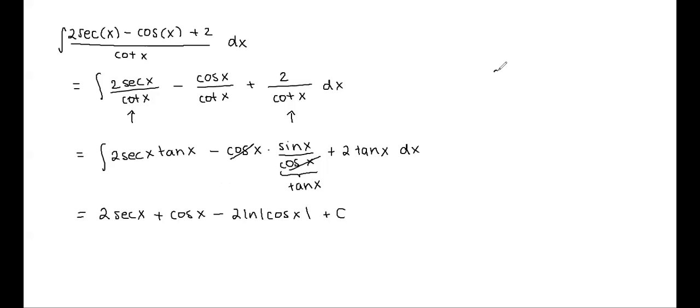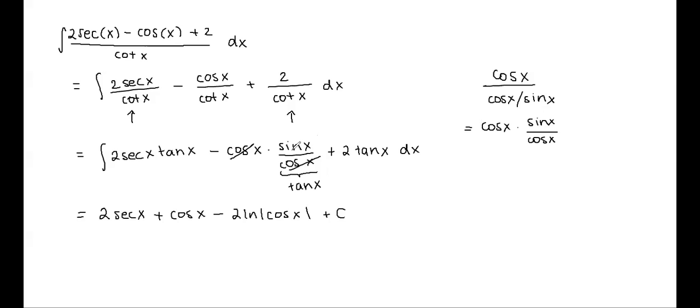Yes, cotangent is cosine over sine, so dividing by it means that cosine of x is multiplied by sine of x over cosine of x. The whole point is that you're dividing by cotangent, not multiplying by cotangent. Does that make sense?